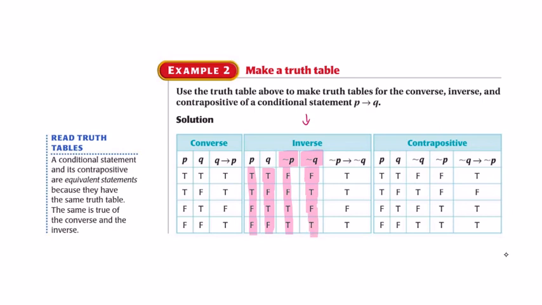So first I have to set up those two columns. And then for the inverse, I use those values, and if my hypothesis is false, so that's these two rows, the entire conditional statement is always going to be true. The only one I have to watch out for is if the hypothesis is true and the conclusion is false. That is my one false row here.